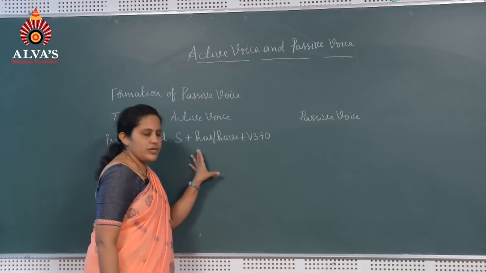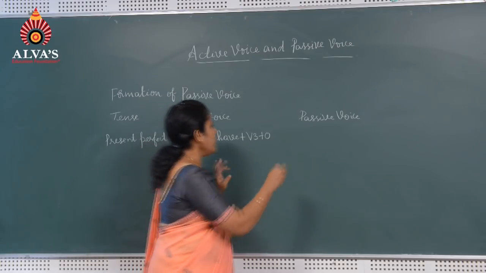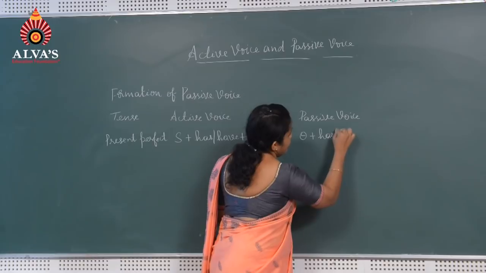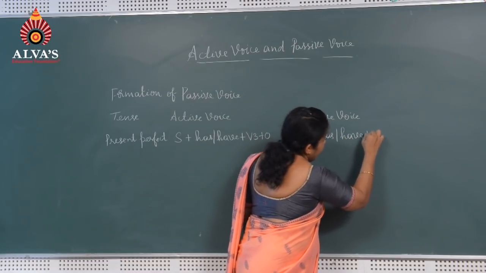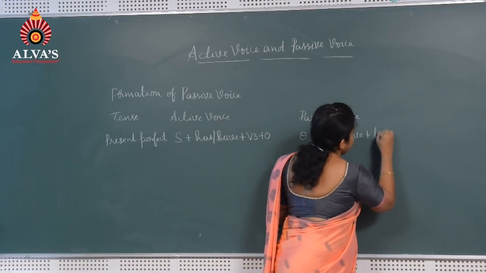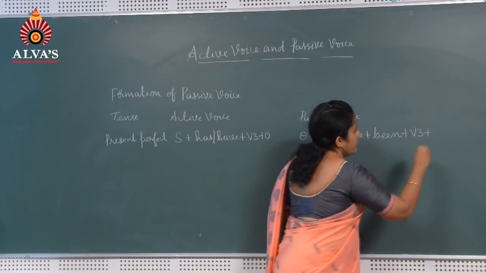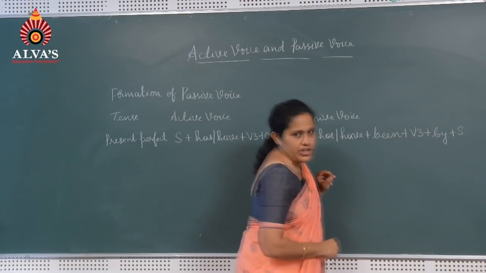So, this is active voice. When we change from active to passive, the formula is object plus has or have plus been plus V3 form plus preposition by plus subject.